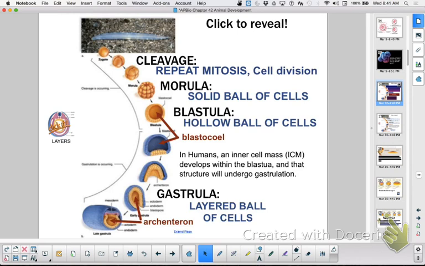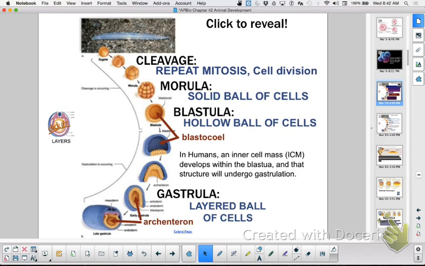The opening to the archenteron is called the blastopore. If you're a protostome, like spiders, worms and mollusks, the blastopore will become a mouth. If you're a deuterostome like us, that blastopore is going to become our anus. So you're sitting on your blastopore right now.